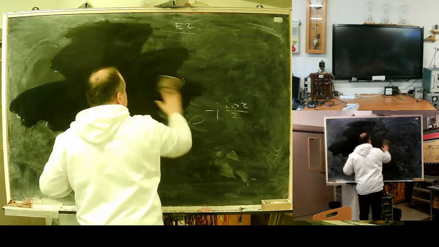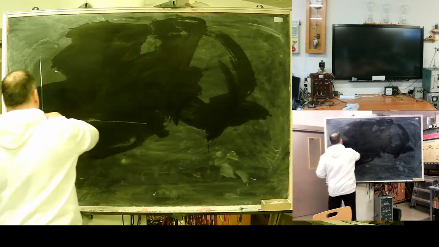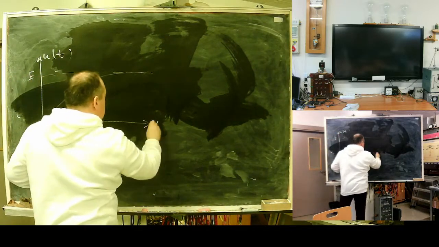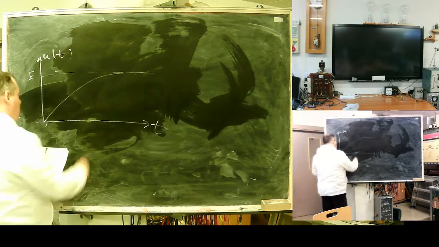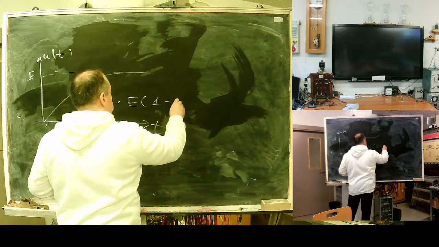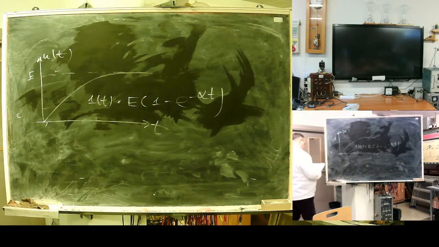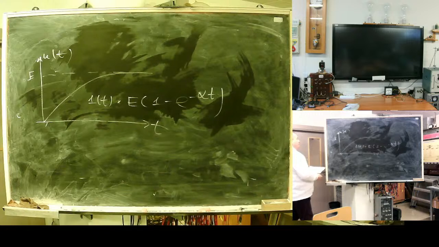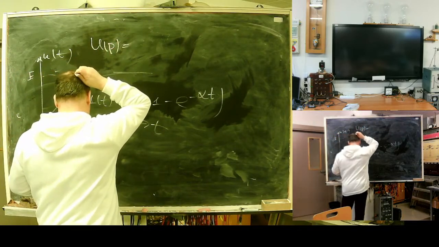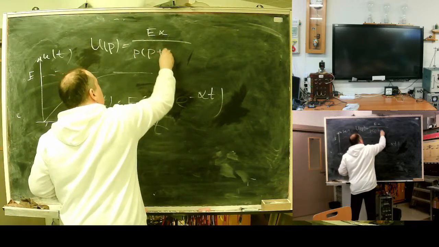One more. Growing exponent: E multiplied by 1 minus e to the power minus alpha t. For such a signal, its image in Laplace space is E alpha divided by p times p plus alpha.